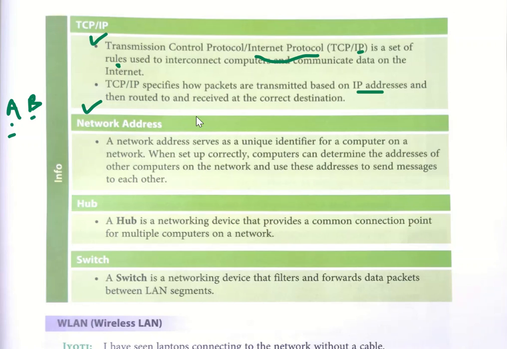So TCP/IP is the set of rules that tells how data can be transmitted between devices, and for that we need addresses. The addresses that we assign to individual computers over the internet are known as IP addresses, and we give addresses to networks also. If we assign an address to a network, then that address is known as the network address.